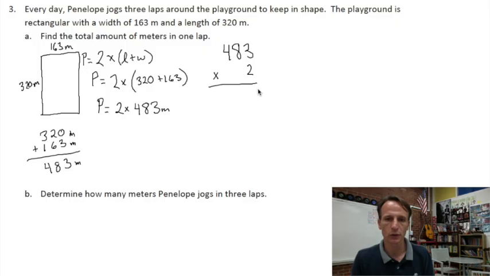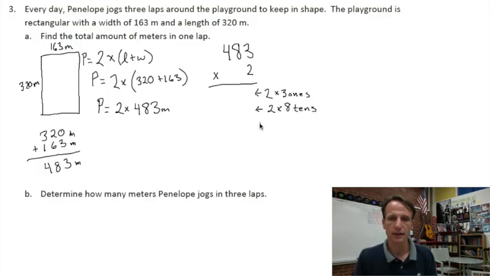So what we'll be doing is we will multiply 2 times 3 ones, and then we will multiply 2 times 8 tens, and then 2 times 4 hundreds. And we know we will add those 3 partial products together, so let's do it.